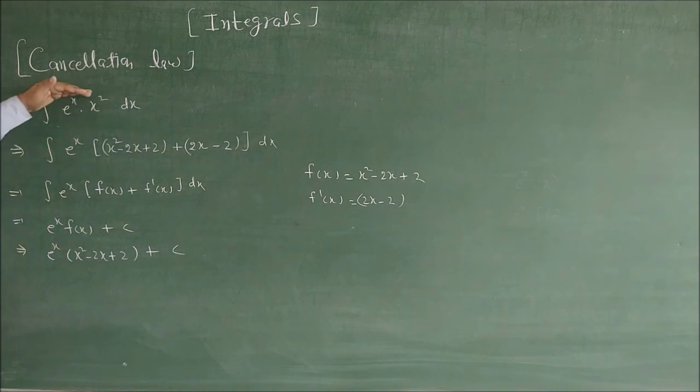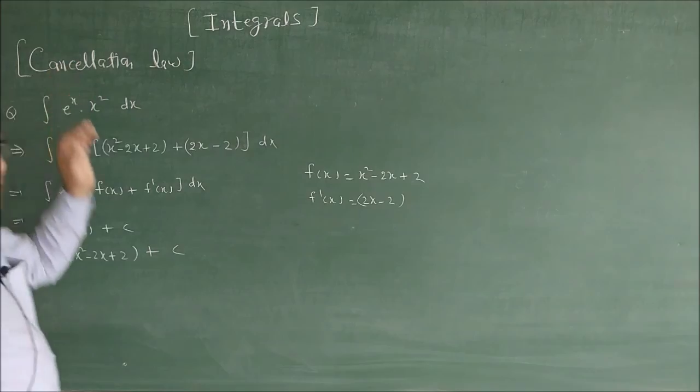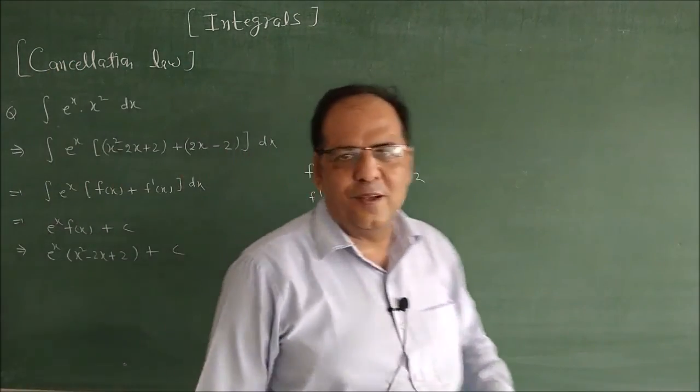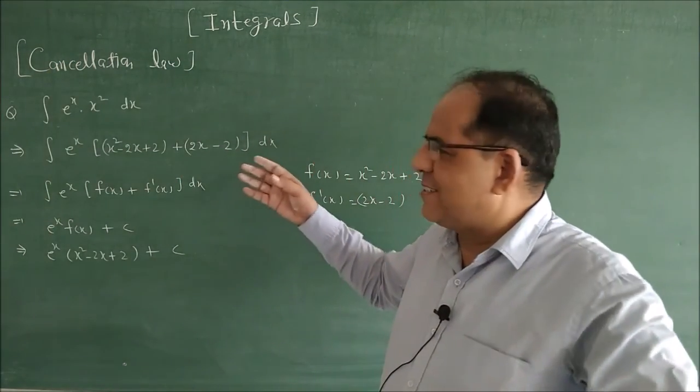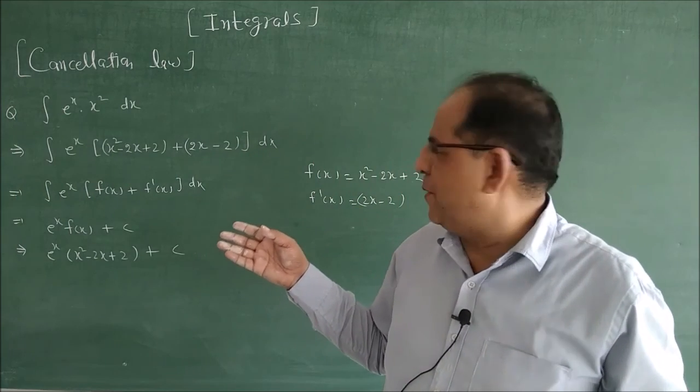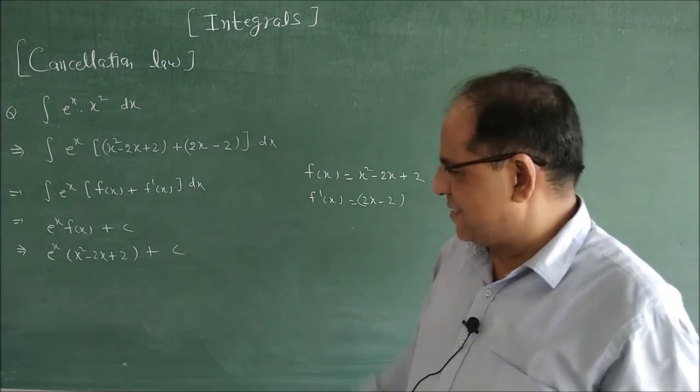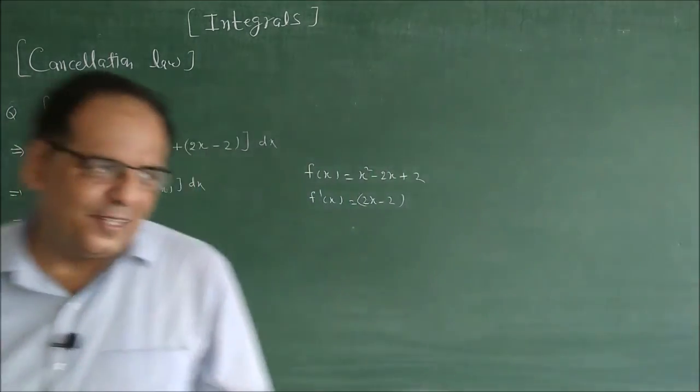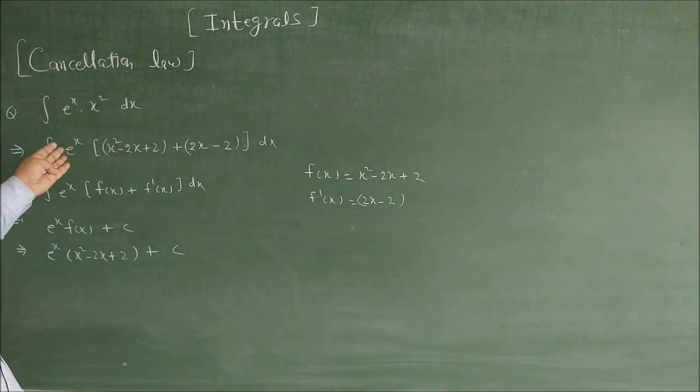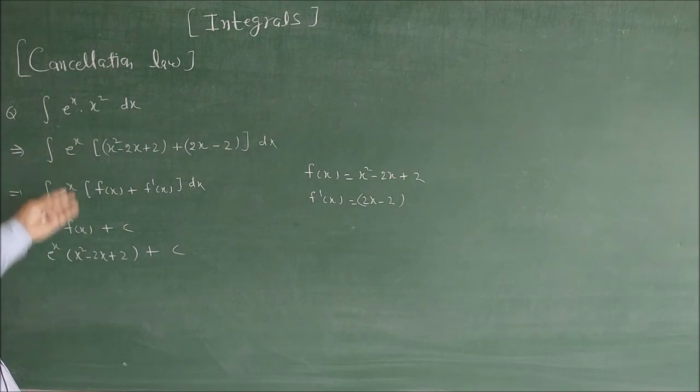So we can solve all the questions in which e to the power x is coming in multiple format by applying the cancellation law, and this way of solving helps manage the length of the question and the timing of the question. Okay, thank you.